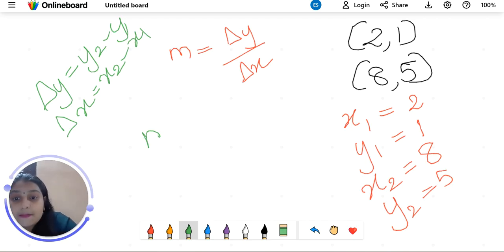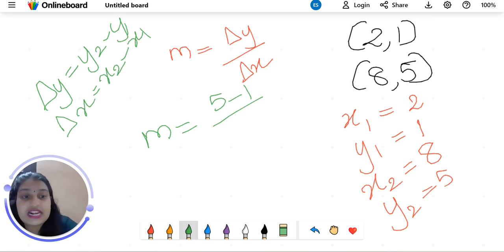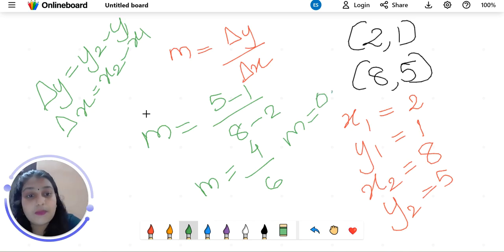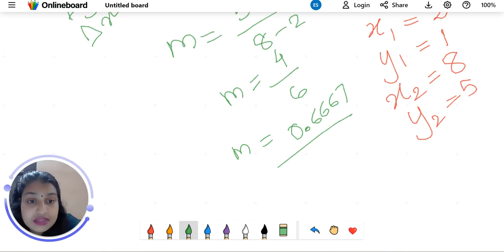So m is equal to 5 minus 1 over 8 minus 2. Now m is equal to 4 by 6. Taking the decimal form, we get m is equal to 0.667.